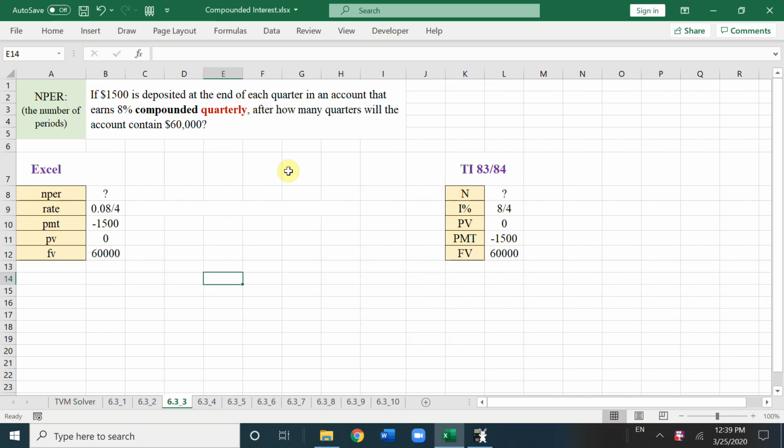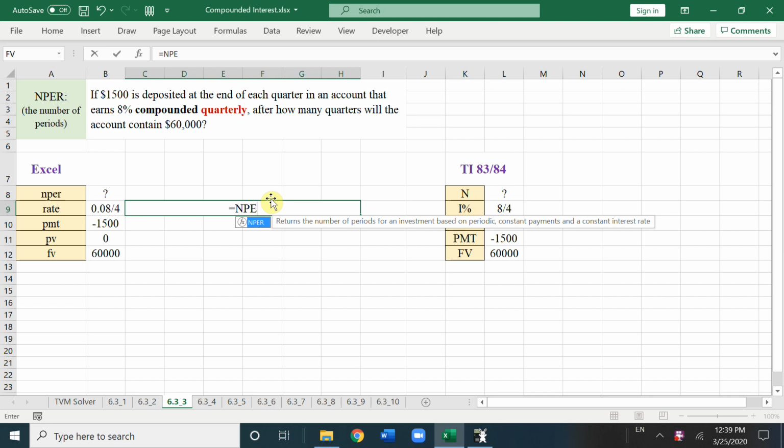For the third problem, the keyword after compounded is quarterly, and it asks for the NPER, how many quarters. So NPER, and the rate is 0.08 divided by 4, PMT negative 1500.